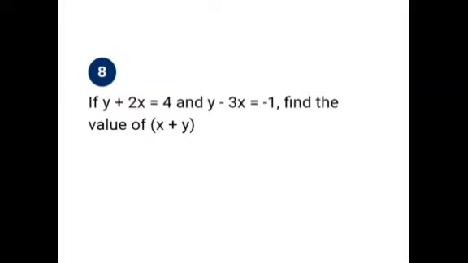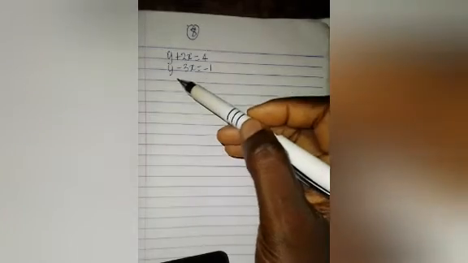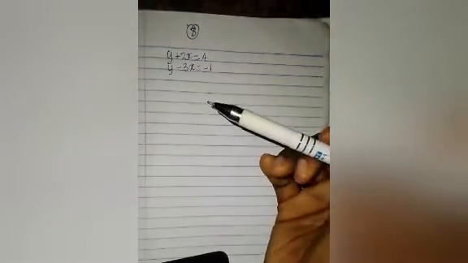Number 8. If y plus 2x is equal to 4 and y minus 3x is equal to minus 1, find the value of x plus y. We are going to find the value of x and y. So we proceed by eliminating y.